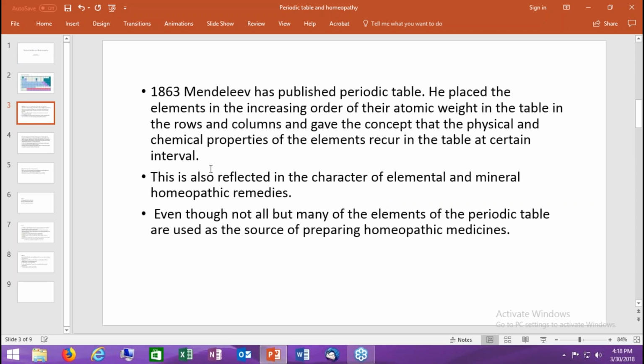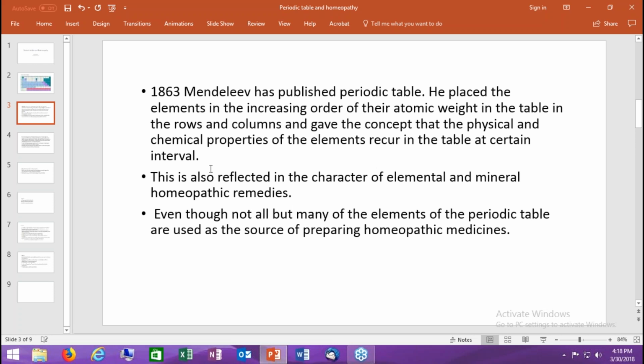The periodic table was given by Mendeleev in the year 1863, where he published for the first time, and he arranged the elements in the increasing order of their atomic mass.